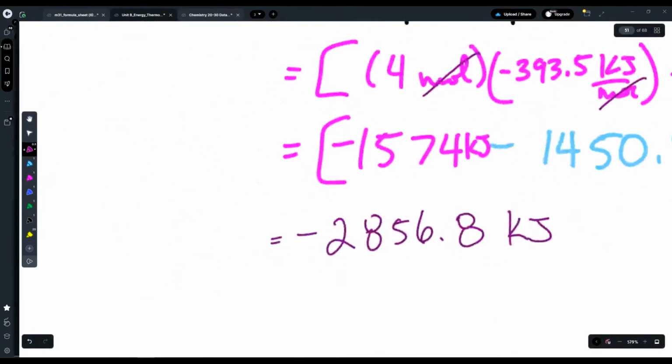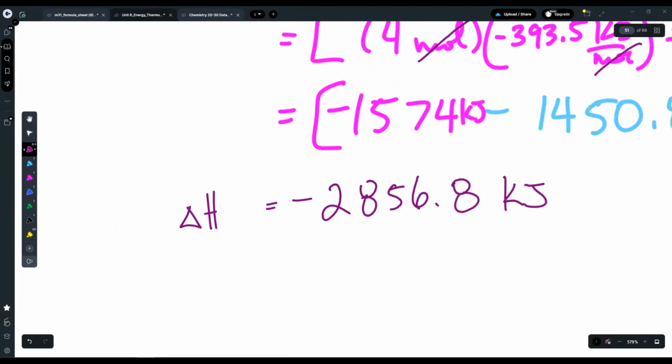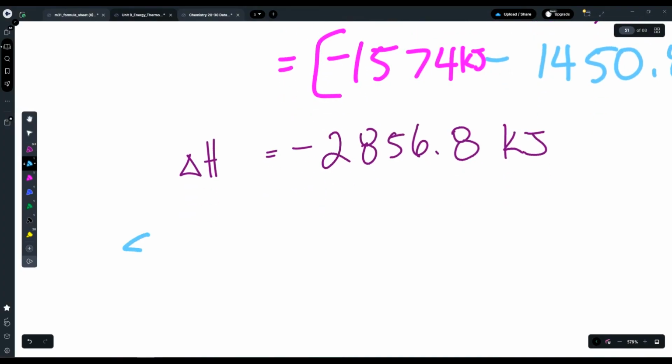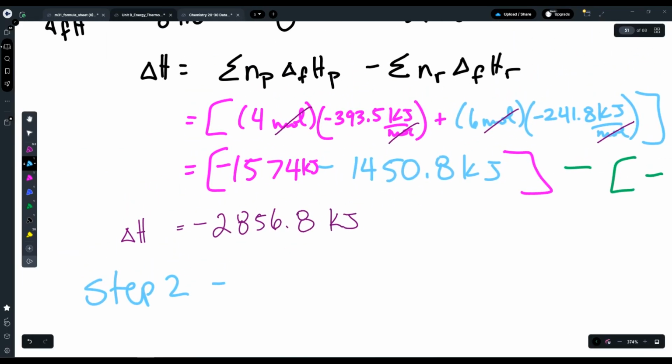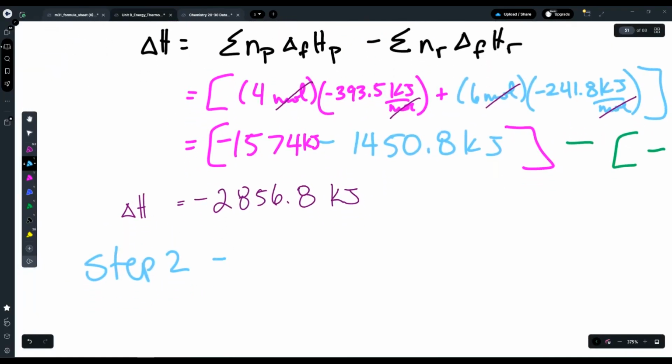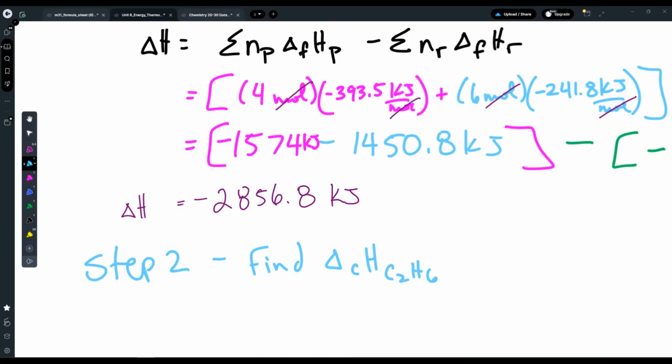We found our change in enthalpy. Okay, now for step two, we need to find the molar enthalpy of combustion of ethane.